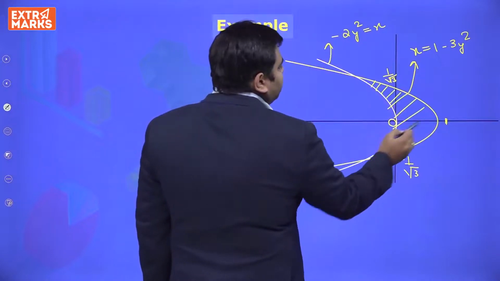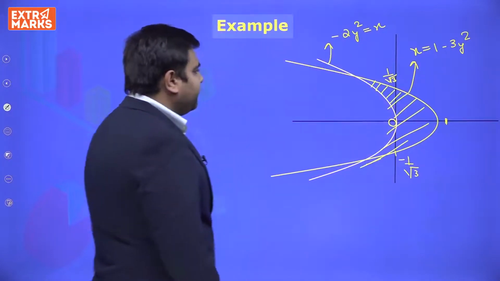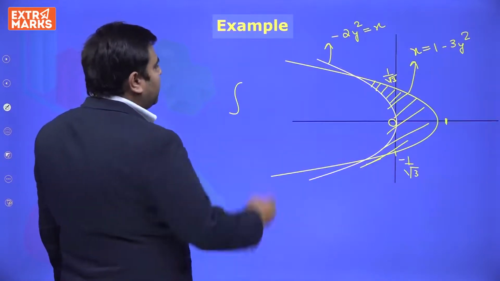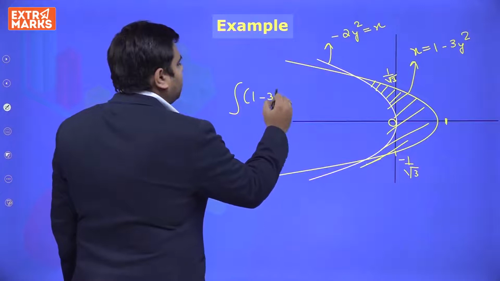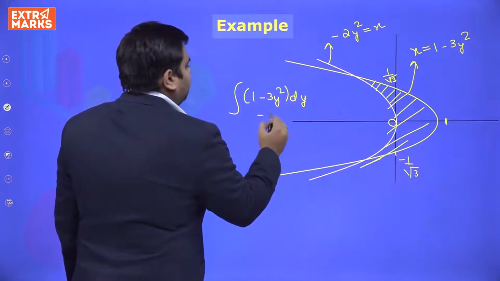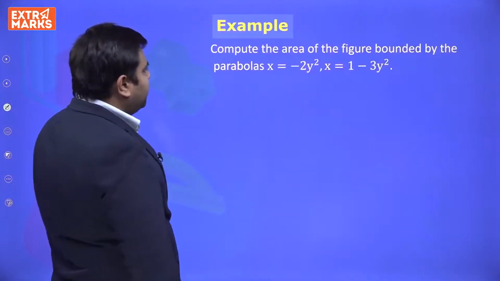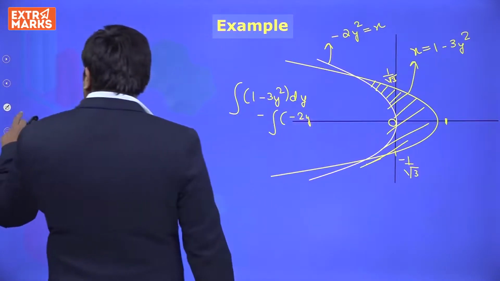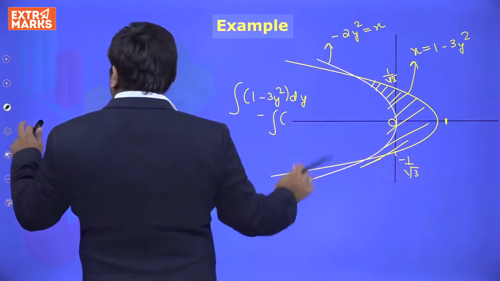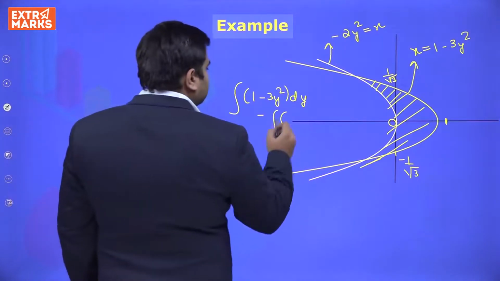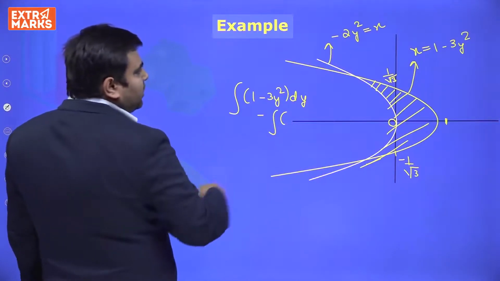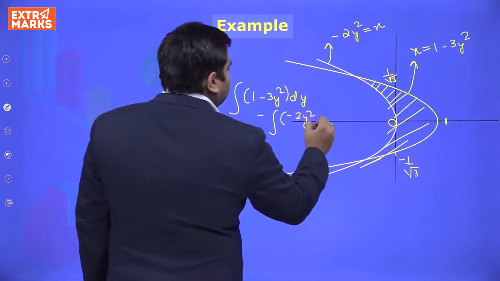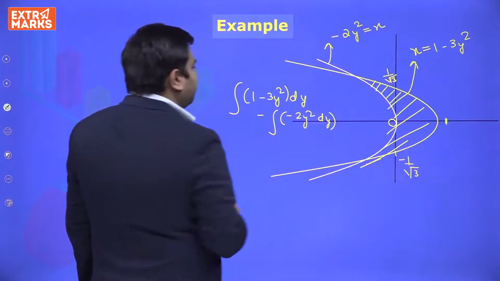So we need to find this area. We are concerned with this area, right? So this area would come out to be what? This area would come out to be the integral of 1 minus 3y square dy minus 2y square dy, right?